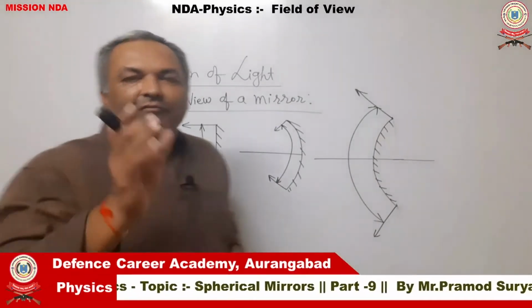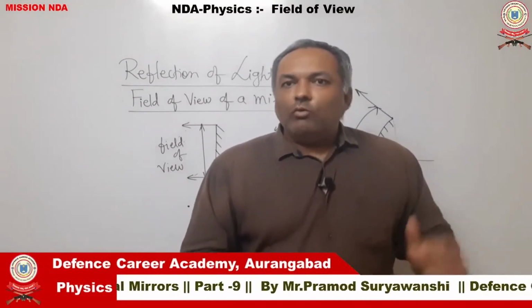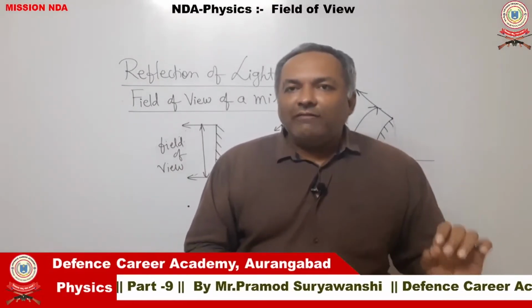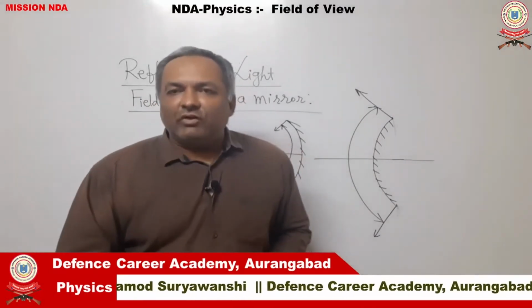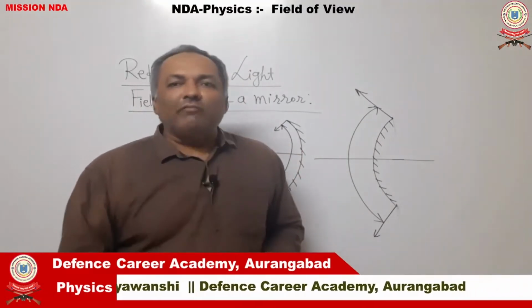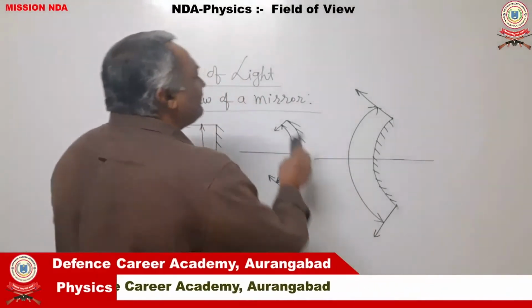That is why wherever we want to have a large field of view, we always prefer a convex mirror. Now, the most common application of this use of a convex mirror is in the rear view mirror of a vehicle.